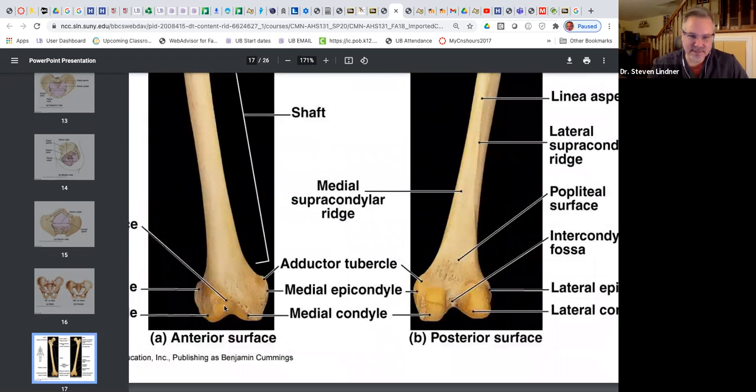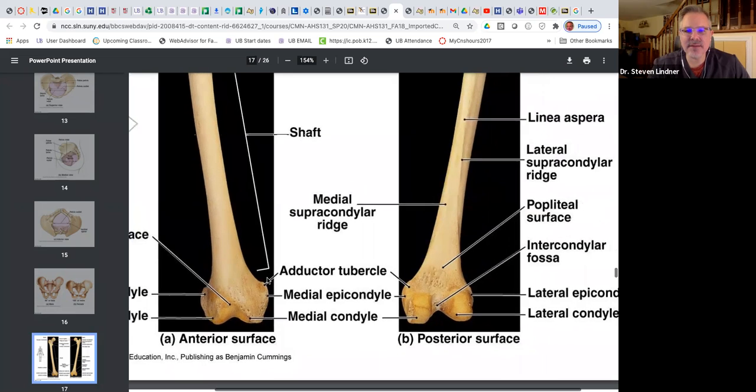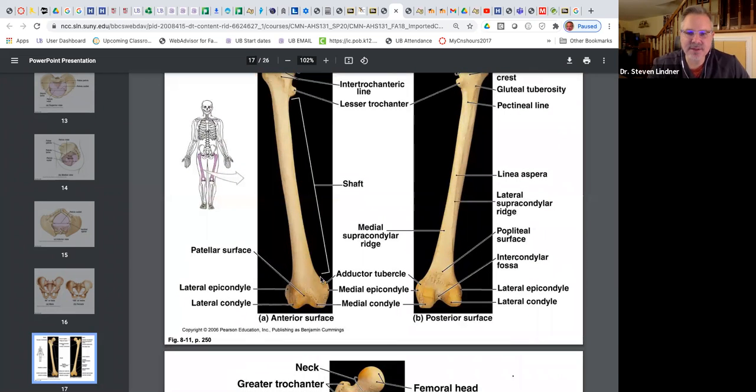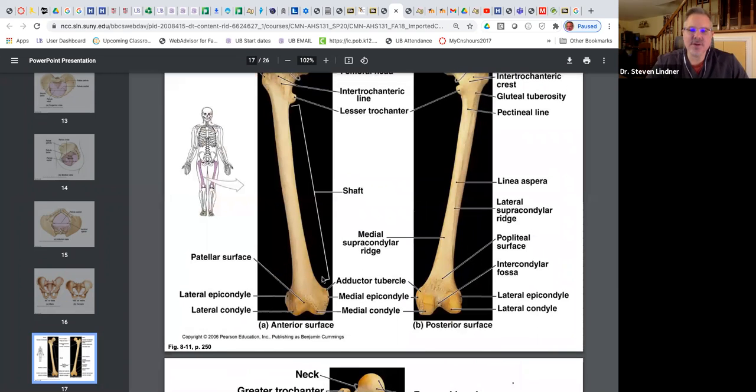When we move distally, you can see there is a medial condyle, and above it, a medial epicondyle. And above that, there is a tubercle called the adductor tubercle. The adductor tubercle is an attachment site for an adductor muscle that we will cover next, called the adductor magnus.